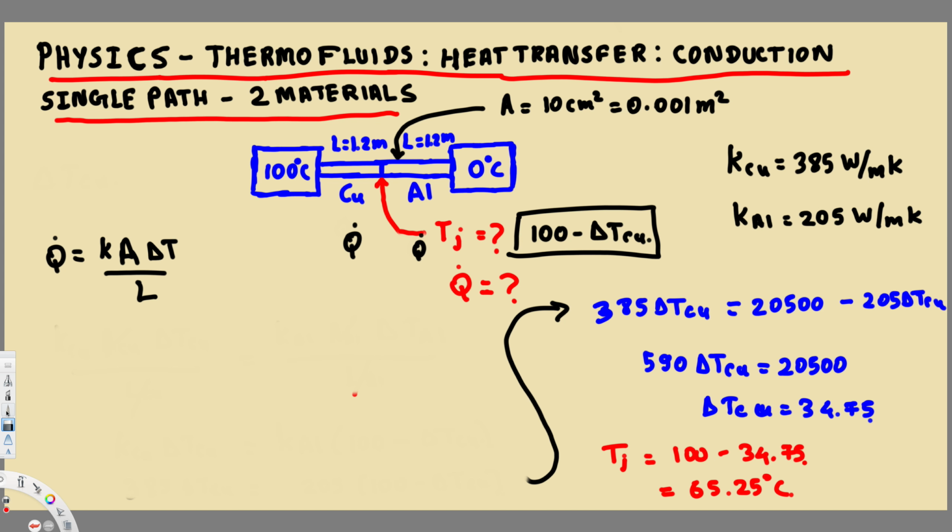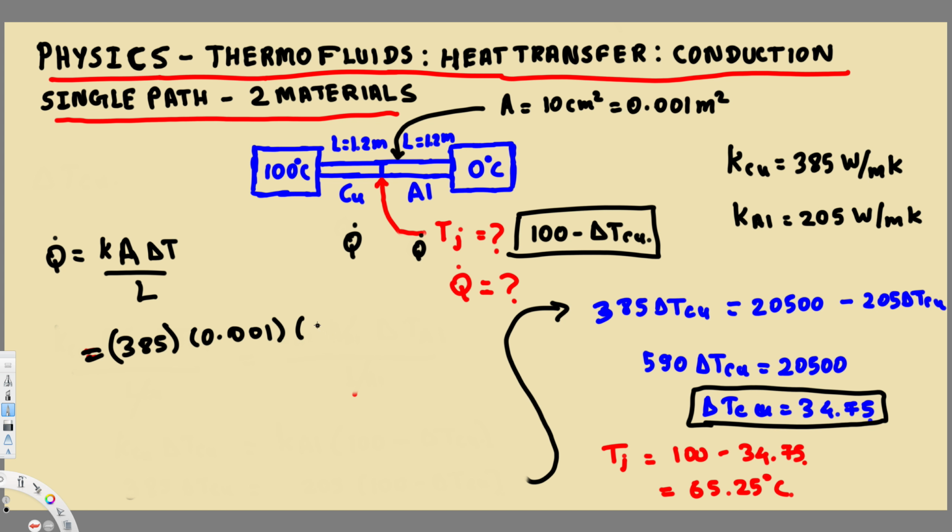We are going to use the same equation, K A delta T over L. So K is 385 for copper, times the area, that is 0.001 meter squared, times the temperature difference we calculated already, delta T copper, that is 34.75, over the length of the copper bar, that is 1.2.